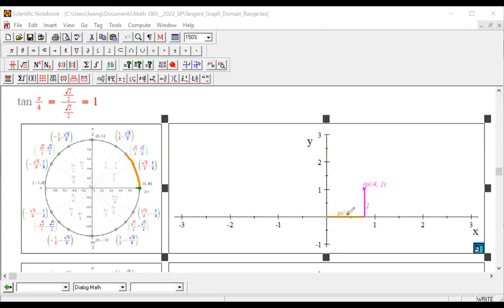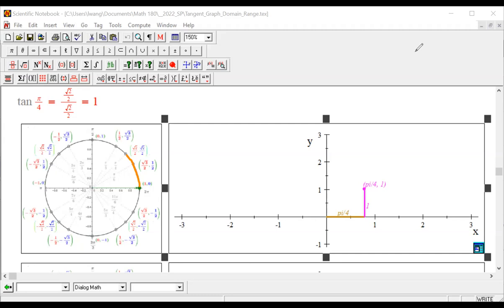The golden arc length is straightened up and measured from origin horizontally, and the vertical is the tangent ratio. And tangent ratio at pi over 4 is equals to 1. So point by point, we're doing this.